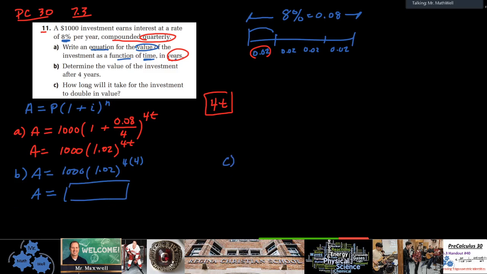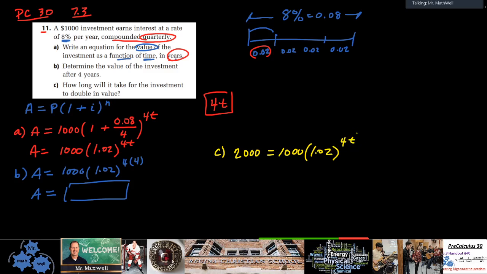And then C: how long will it take for the investment to double in value? Well, let's do a different color here so we can separate these all. So C, basically the future value is going to be double our initial value. That means it's going to be 2,000 because we started with 1,000. So we want to find out how many years it will take.